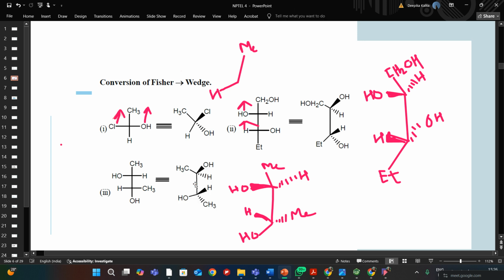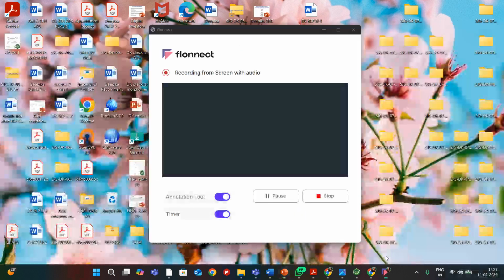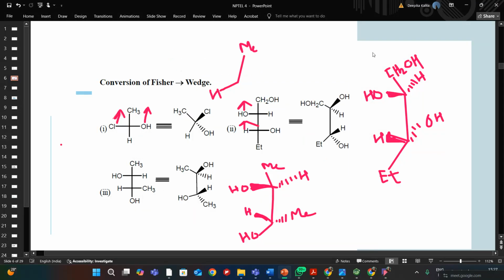So this will be the wedge-dash diagram of the given Fisher projection. I hope this is clear to you. Okay.